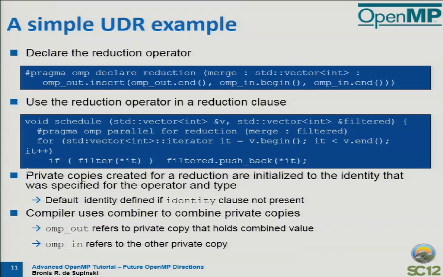And then the runtime system will take care to apply that in a certain fashion to reduce all the partial results of all your individual threads into a single standard vector. And how you apply it is really easy. What you define here as a reduction identifier, you can use down here in the reduction clause where you used to have plus, minus, multiplication, and that kind of stuff.